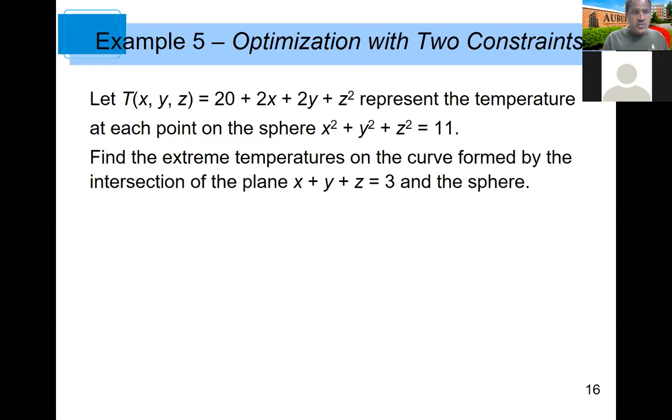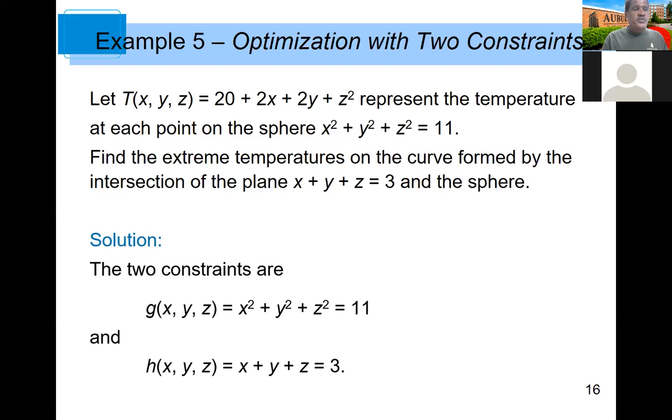So first of all, what is our function g? What's our function h? Our function g is this one, the sphere. G of x, y, z equals x squared plus y squared plus z squared. Now remember, T and g and h are functions of 3 variables in this case, okay?